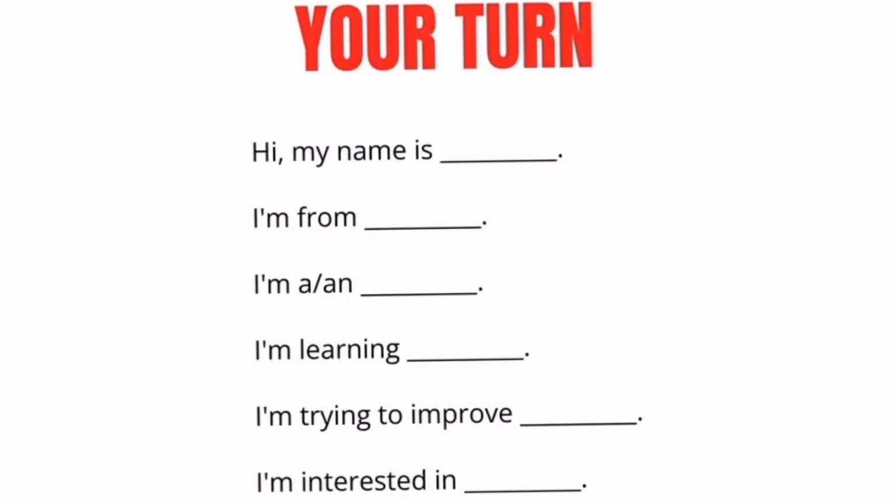You might be a student, you might be a farmer, you might be an engineer, you might be anything. Then, I am learning dash dash. You just complete it with what you are learning.